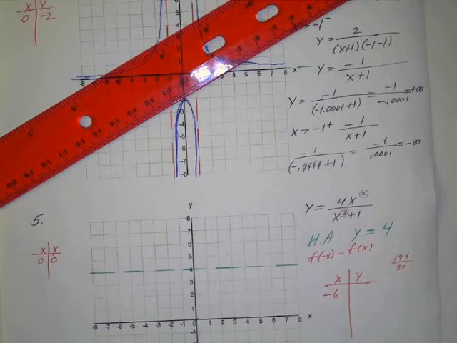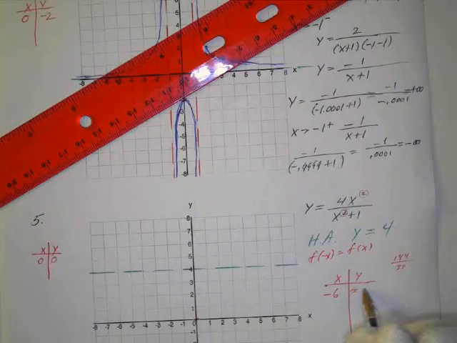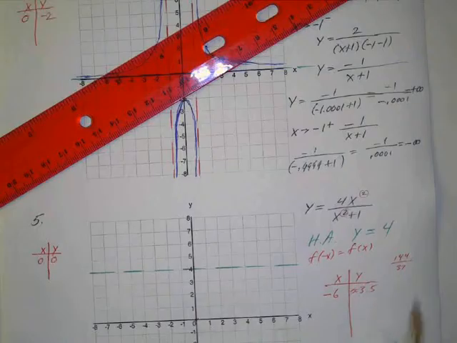So it looks like it's a little bit more than 3, about 3.5, maybe 3.6, something like that. So we can put a point over here at about 3.5. So that's when it's -6.